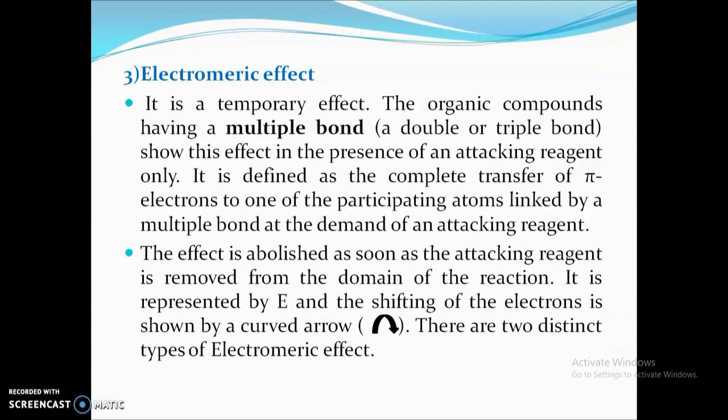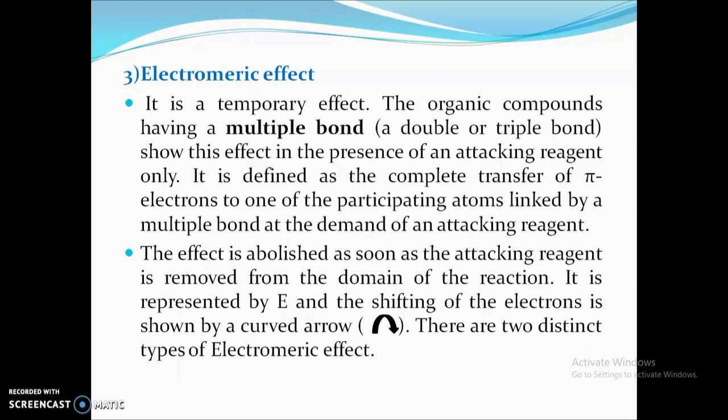Now we come to the next factor, that is the electromeric effect. This is the third one which influences organic reactions. This electromeric effect is a temporary effect, and it is observed in compounds which have at least one multiple bond in them. Multiple bond means either a double bond or a triple bond should be present over here.